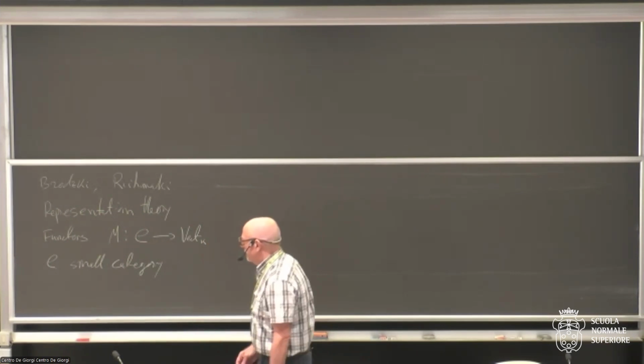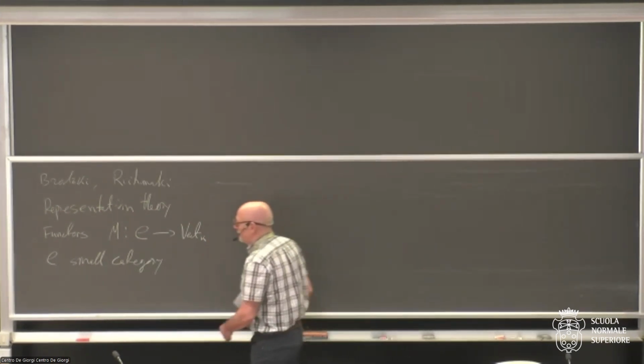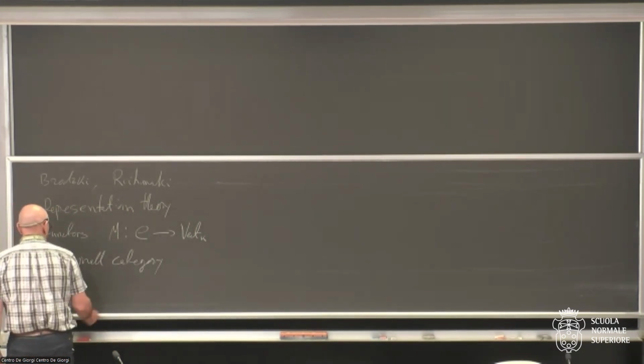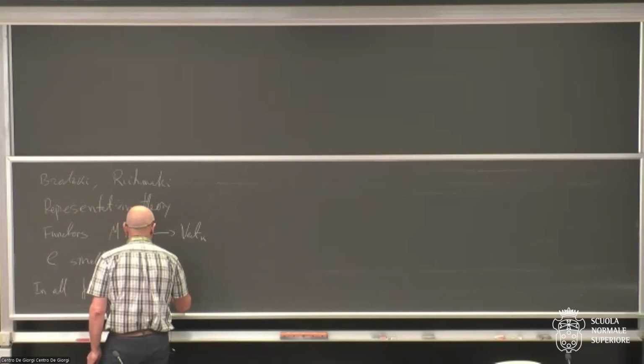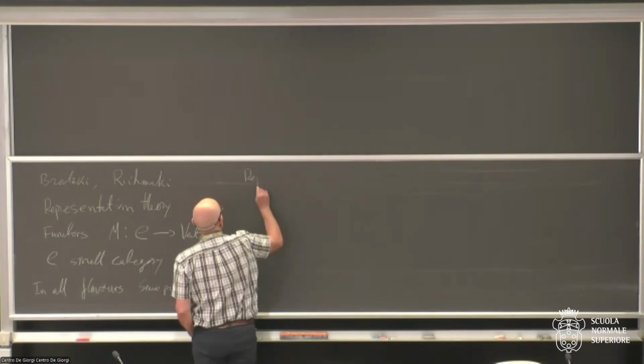And in all versions, or how about flavors, all flavors of representation theory, you have the same problem, and that is representation type.